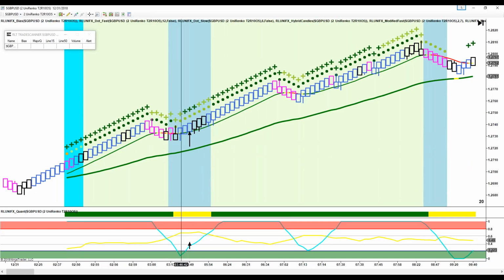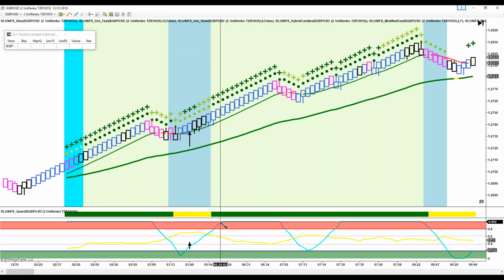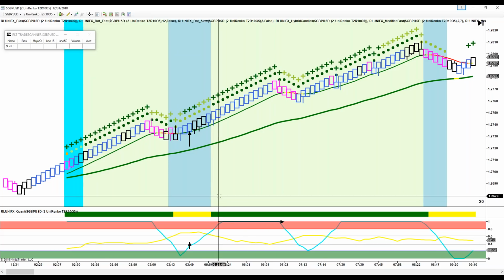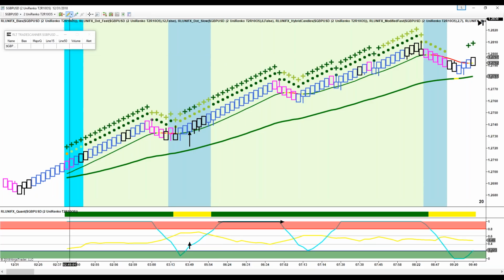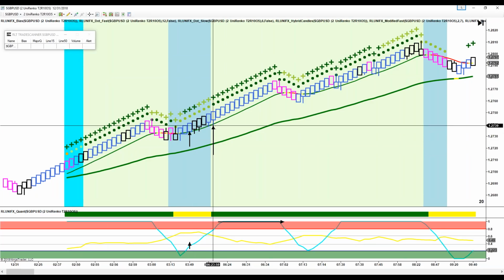Now you can't because the quant is yellow. So your next chance is when it locks green. And it happens right here. Well, not quite here. It's close. And in real time, this is likely to be a terrific long trade.